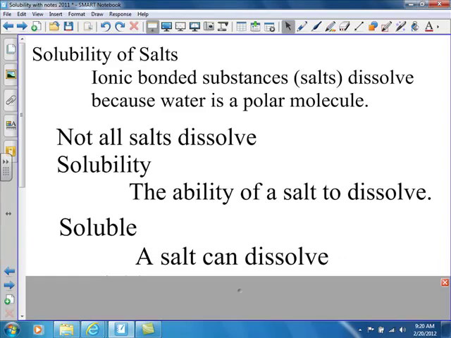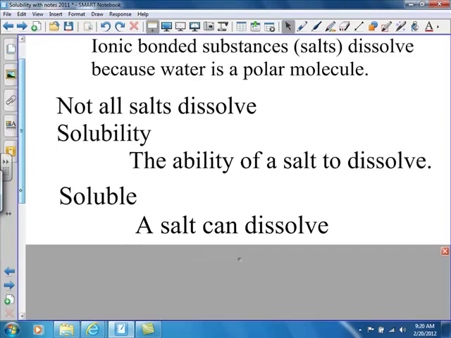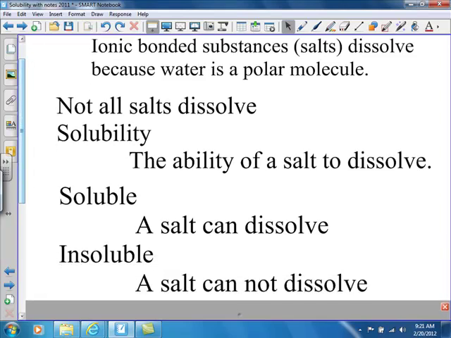So a salt that's soluble is something that can dissolve. If a salt is insoluble, that means it cannot dissolve. Okay? So those are some important terms that you should make sure you record in your notes. Solubility, soluble, and insoluble.